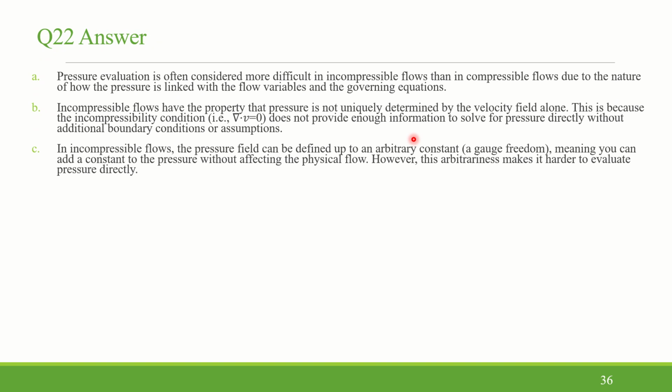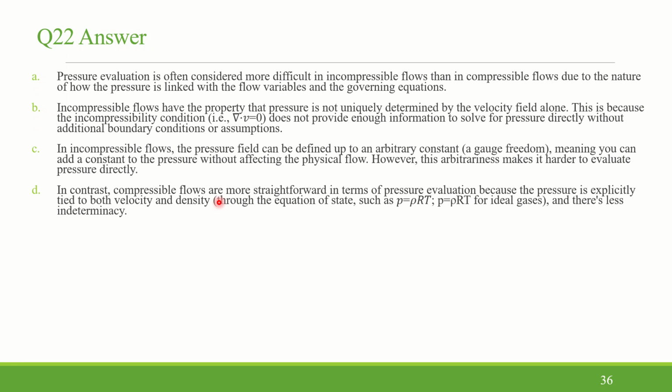If you see CFD solvers, especially in OpenFOAM, there are different ways of defining the pressure, and mostly it would be relative pressure. So this arbitrariness makes it harder to evaluate the pressure directly.